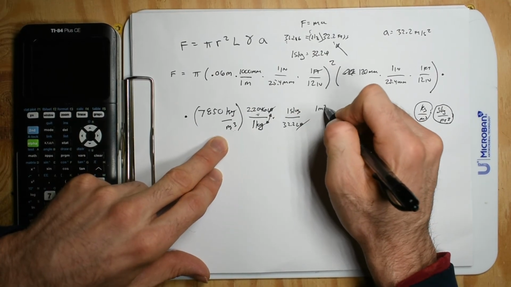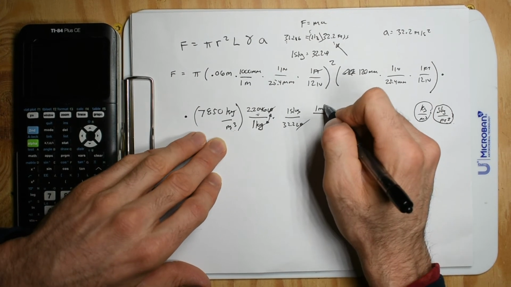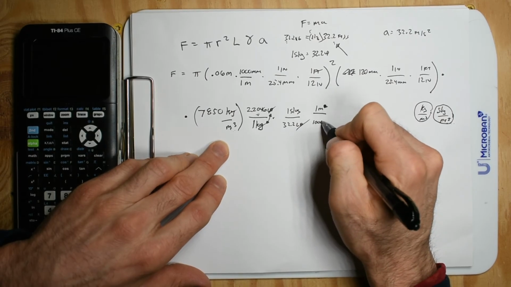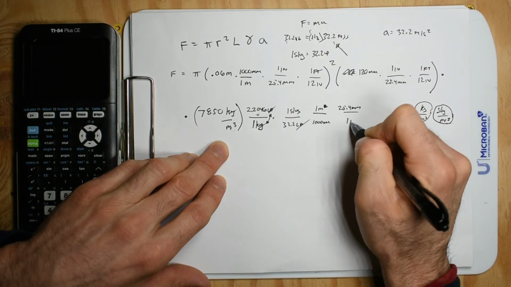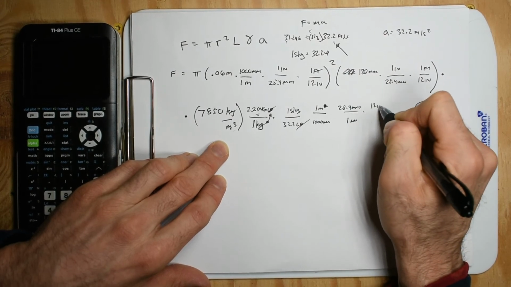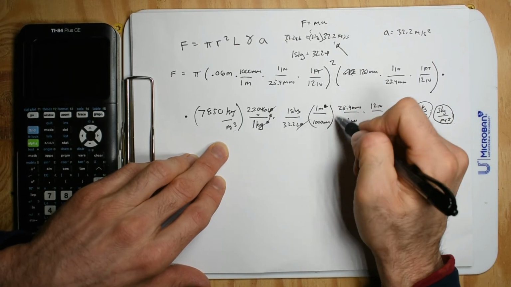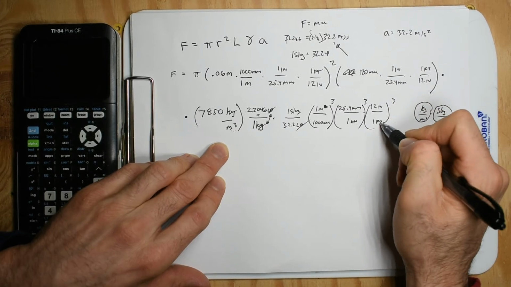So 1 meter cubed, and we got to convert that to feet. Well, 1 meter, and I'm just going to do it my way. 1 meter is 1,000 millimeters. 25.4 millimeters is 1 inch, and then 12 inches is 1 foot. And now we have to cube all these. So in your calculator, the ones cubed don't change.